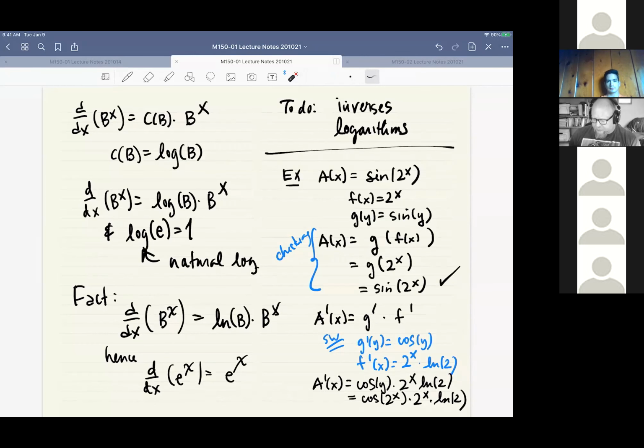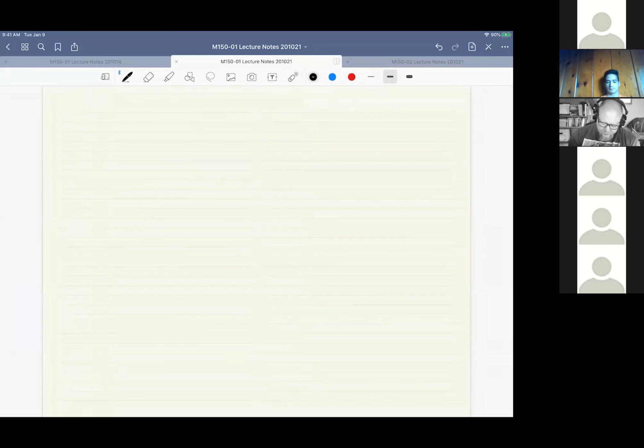I've got 2 more minutes. Let me see if I can do 2 more examples. What about 2 to the x squared plus 3x plus 1? So here I'm going to say my first function is this polynomial, because x is taken to the value of that polynomial.